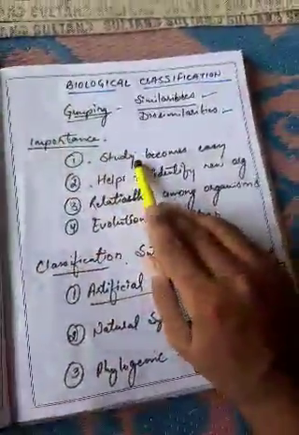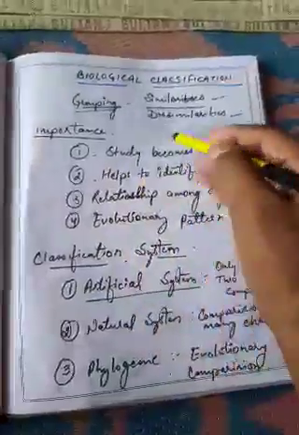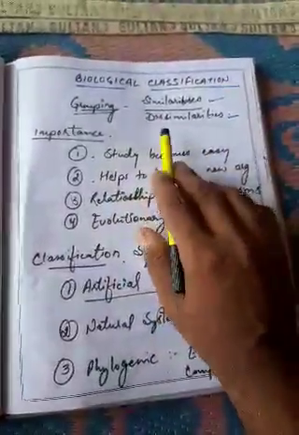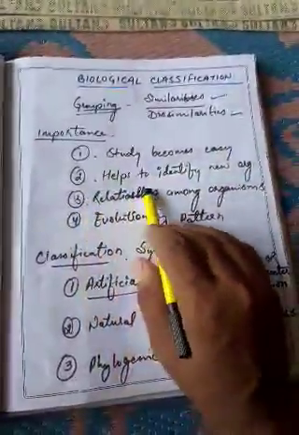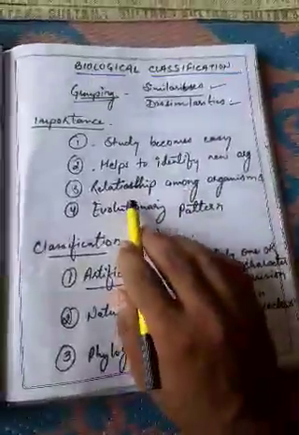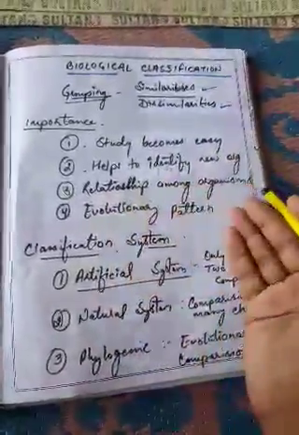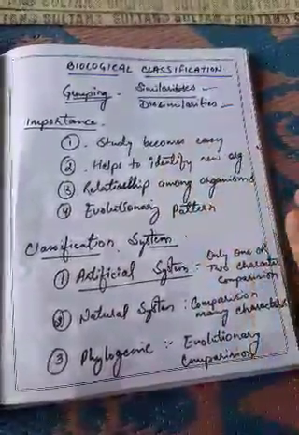Number one, study becomes very easy just by biological classification. If we classify individuals in different groups, it becomes very easy to study them separately. Number two, it helps to identify a new organism if any is found. Number three, relationships among organisms can very easily be studied if they are grouped into different categories.